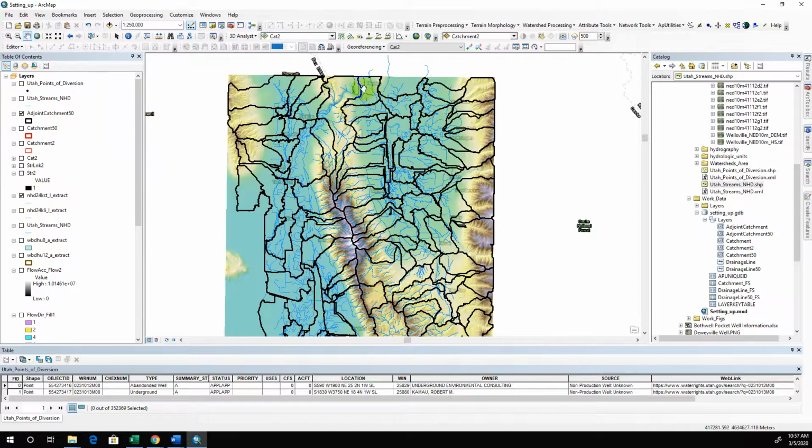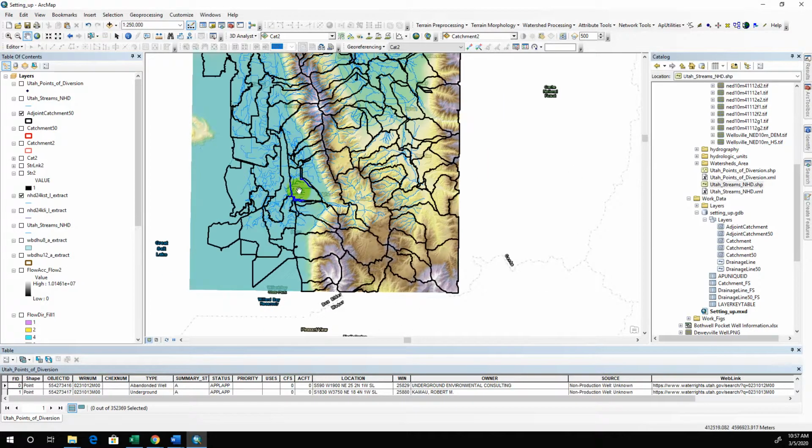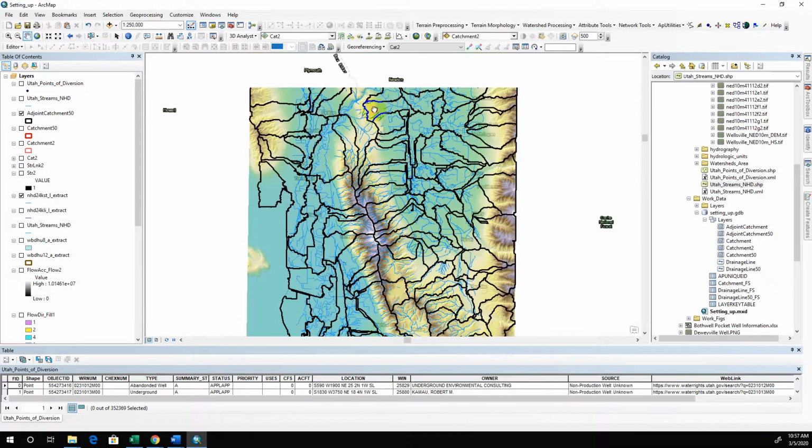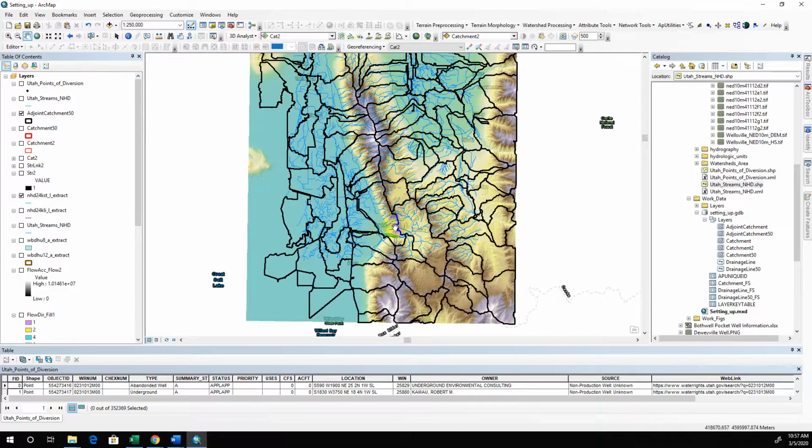But what we could do is just use the Bear River streamline, NHD line, to trim the catchments so that they fall just directly to the Bear River and no further. Let me know what you think about that idea of trimming these catchments, and if this is a good enough resolution for you as well.